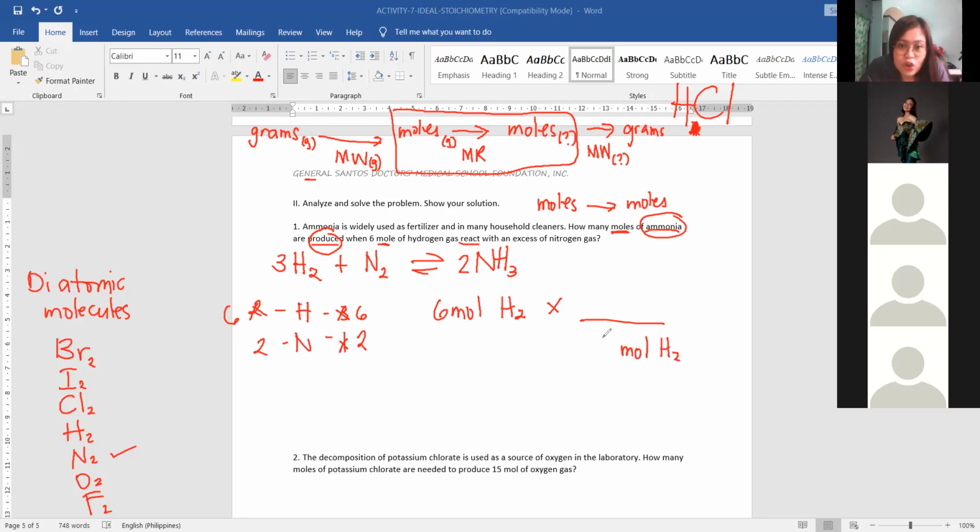So mole ratio ni hydrogen, let's look at the balanced formula, that's 3H2. So you have 3 moles of hydrogen and we are looking for the moles ni ammonia. So in the equation, if you have 3 moles of hydrogen, you will get 2 moles of ammonia. So mao na karon ang ato ang mole ratio.